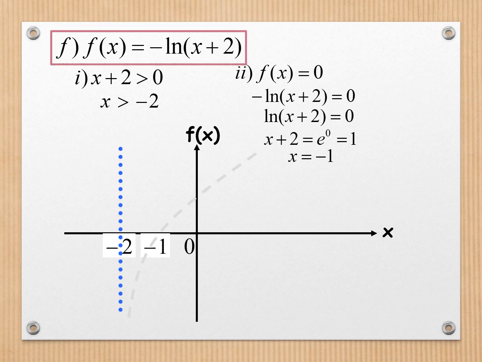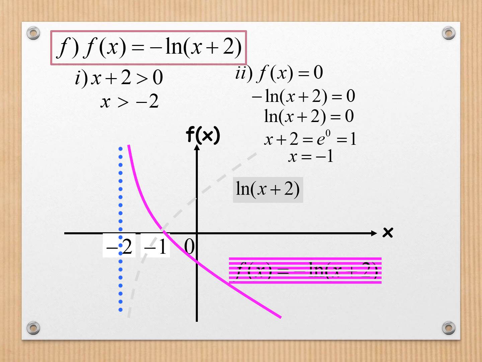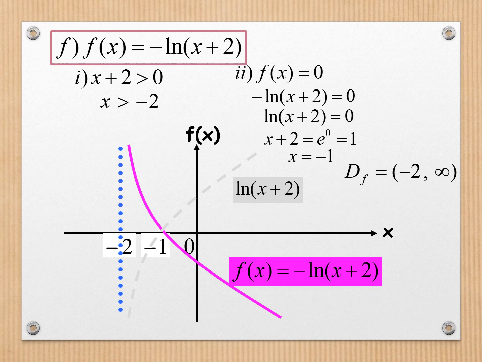So suppose like this, the pink one. From this graph, the domain is (-2, ∞), and the range is (-∞, ∞).